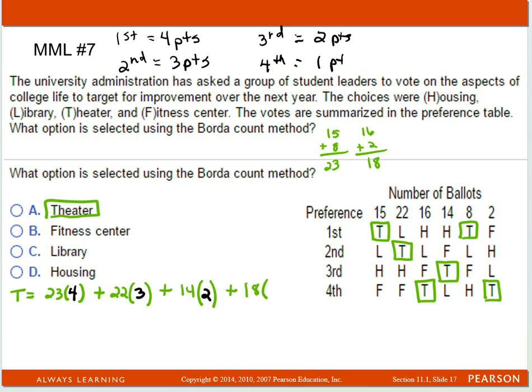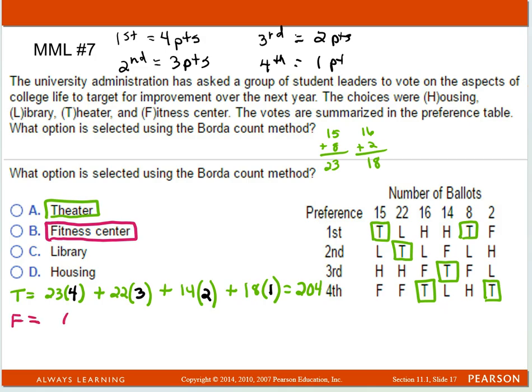So there are 18 fourth place votes, and fourth place gets you 1 point. So I would grab my calculator and do all that math, and I end up with 204 points for theater.